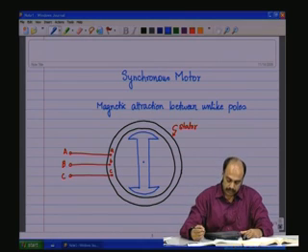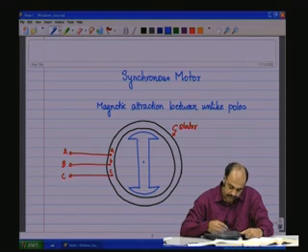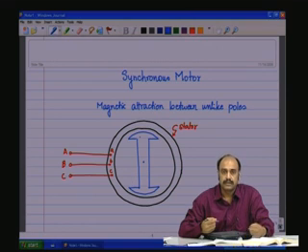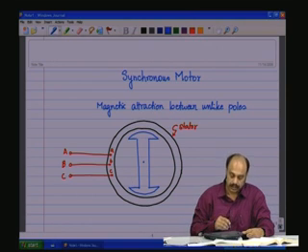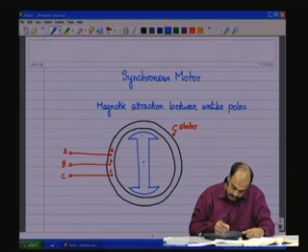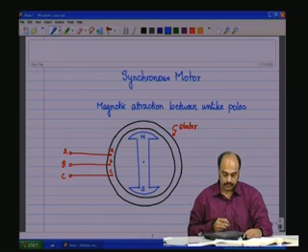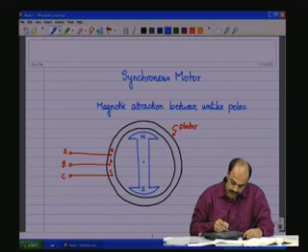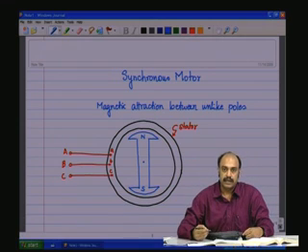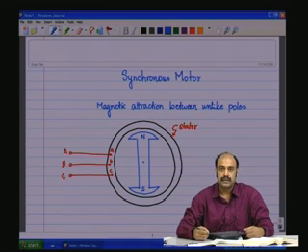So let us say for the moment that we have some way energized this rotor, and this rotor is a magnetic rotor. It's a magnet which has two poles, north and south.